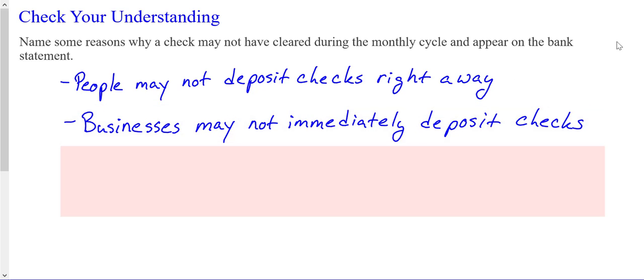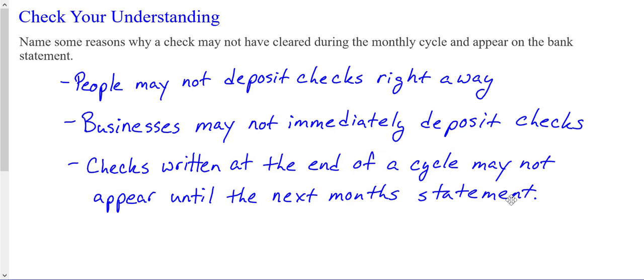Businesses don't always immediately deposit checks. Some of them only keep the checks in their safe at their store, and they don't deposit until, say, the end of the week. And lastly, if checks are written towards the end of a cycle, they may not appear until the next month's statement.